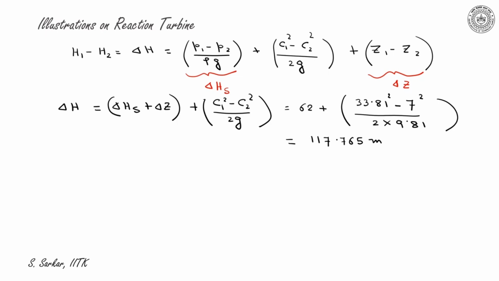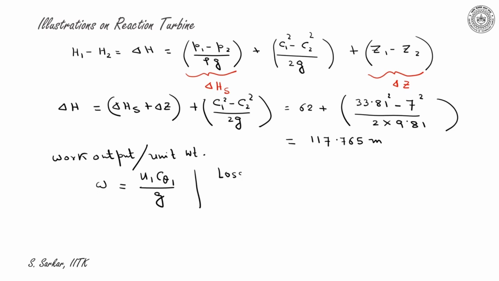Thus, the loss in the runner, which I have designated as HR, is equal to this del H, head difference, minus the work output, that is U1 C theta 1 by G. Now let me put the values: 117.765, which I have evaluated here, minus U1, which is 31.52, into C theta 1 as 32.45, divided by 9.81.